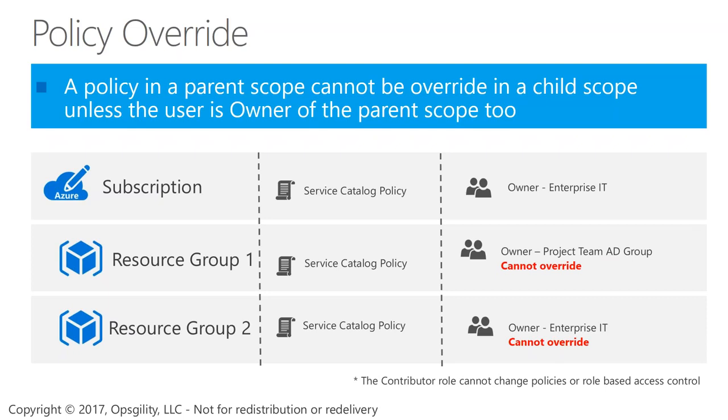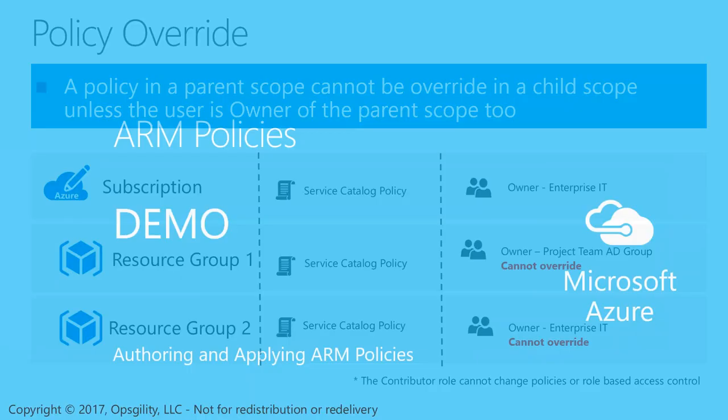If you look at the resource group 1 level, there is a group that is the owner of that resource group, the project team AD group, but they're not an owner at the subscription level where that catalog was set. Because of that, they cannot override it. The same is true for resource group 2.